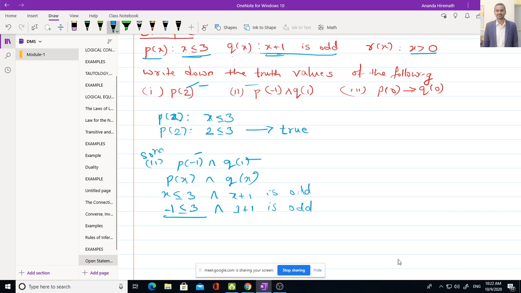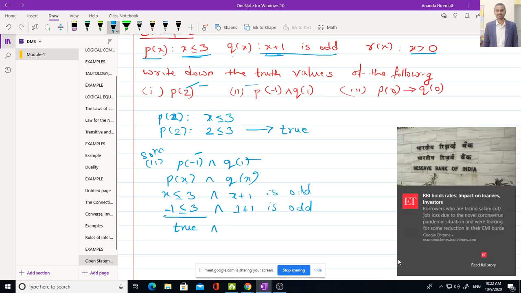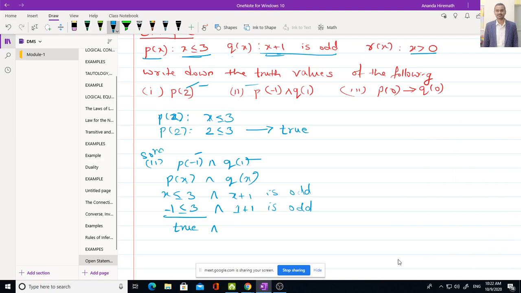Now tell me, minus 1 is less than or equal to 3, is it true or false? Yes, it is true. So I can write it as true. And 1 plus 1 is odd. It is false because 2 is not odd. This statement is false. Now true and false is always false.